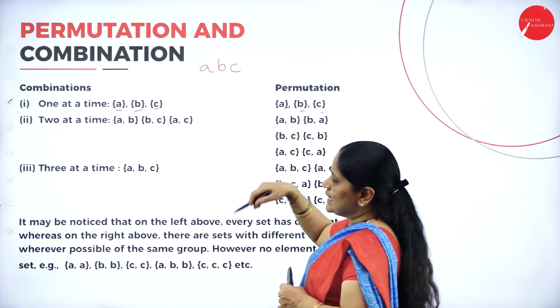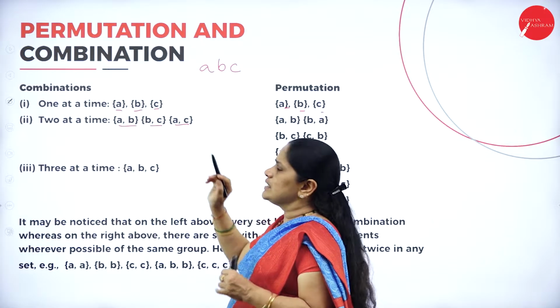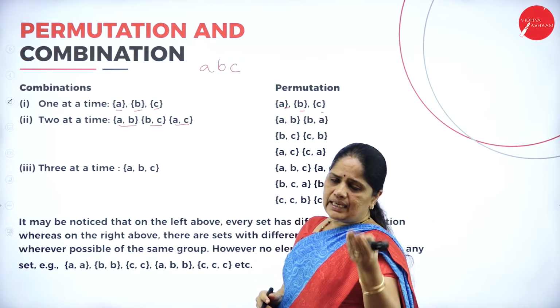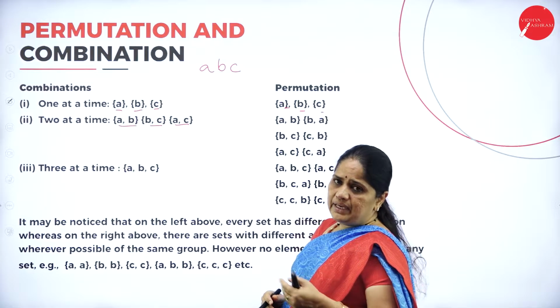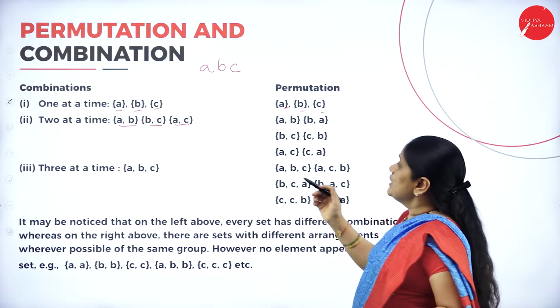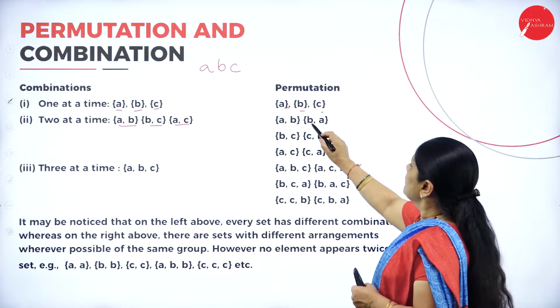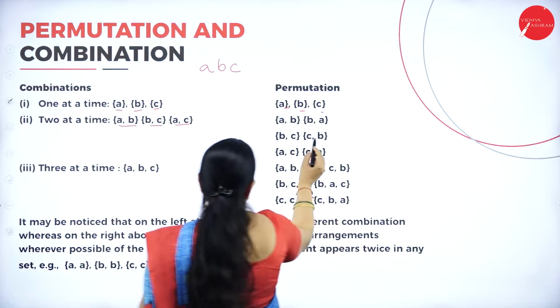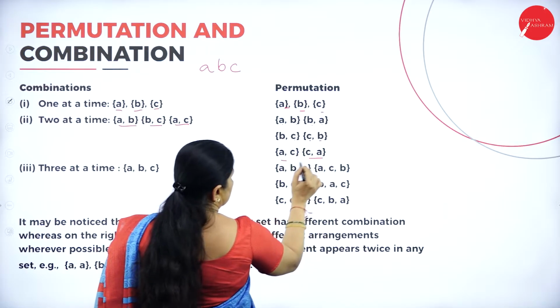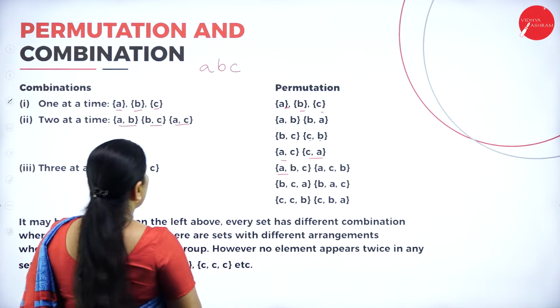But if I say 2 at a time, in combination it will be A B, B C, A C. So I can take A and B, B and C, C and A. But in permutation, we have A B; this arrangement is separate. B A is different. B C, C B, A C, C A. So we can have different arrangements of the letters.